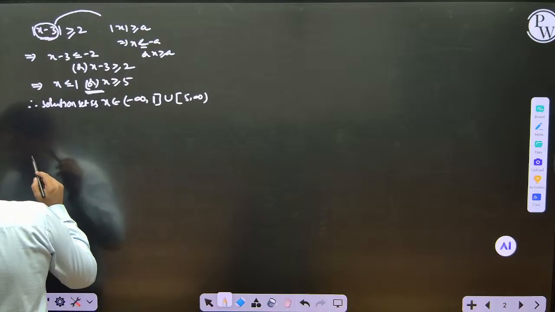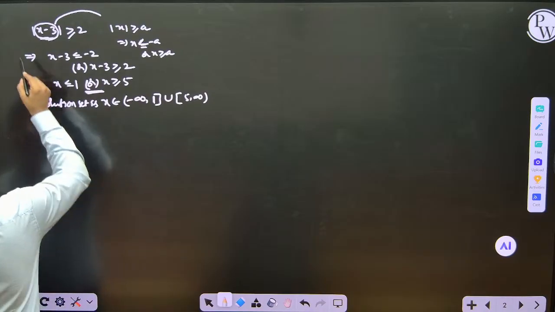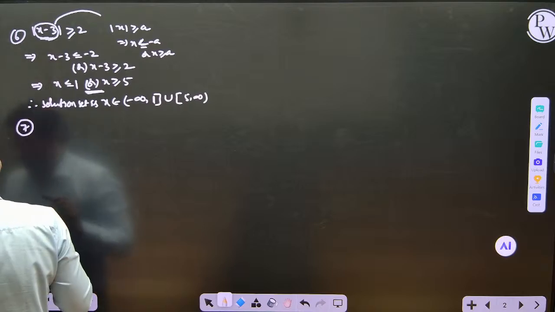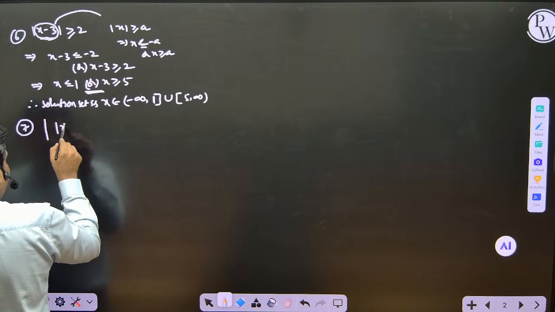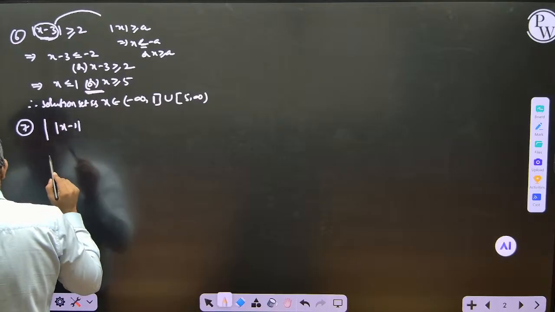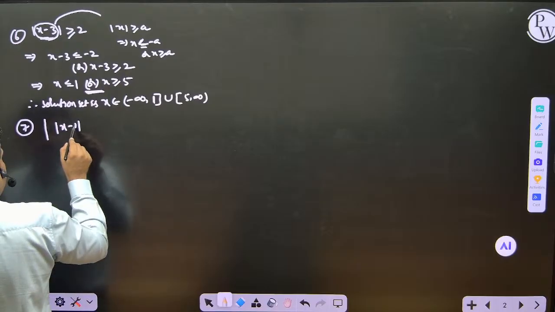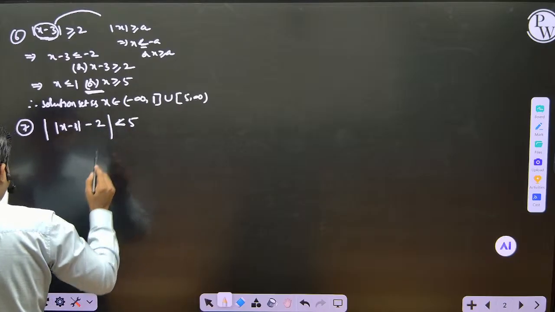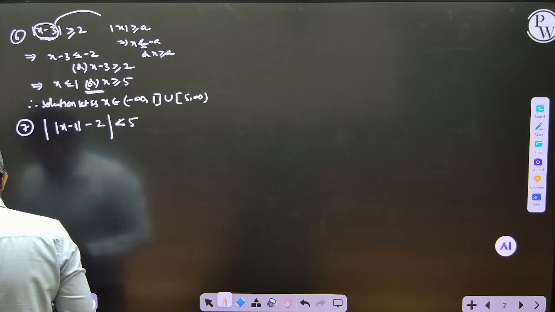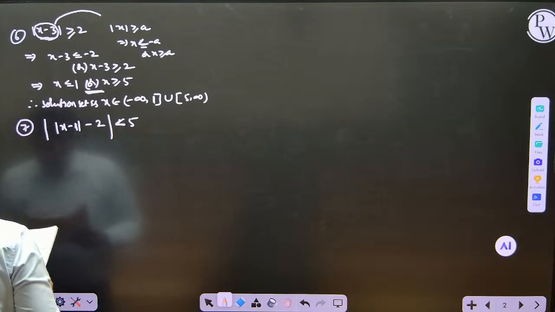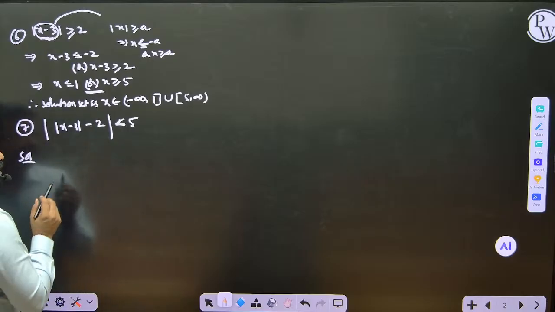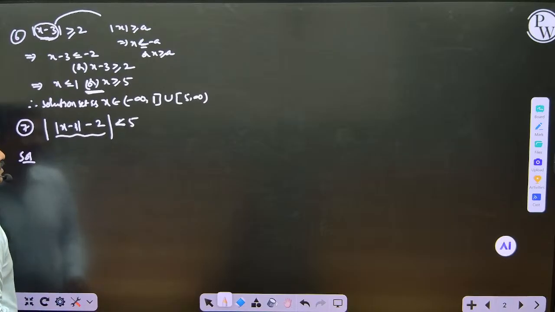Next, question number 7. Modulus of mod x minus 1 minus 2 less than 5. How is it solved?